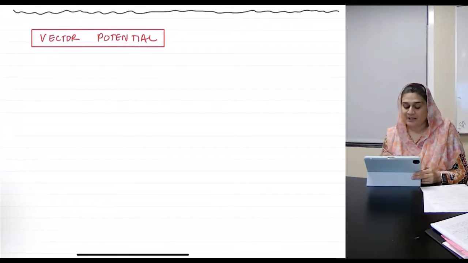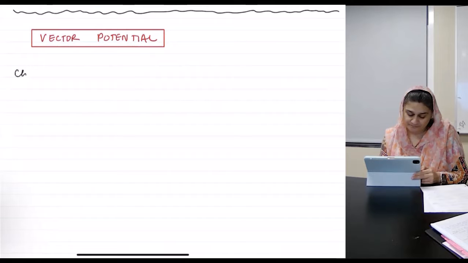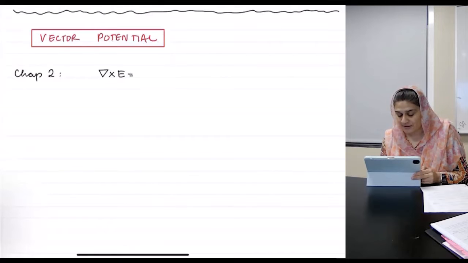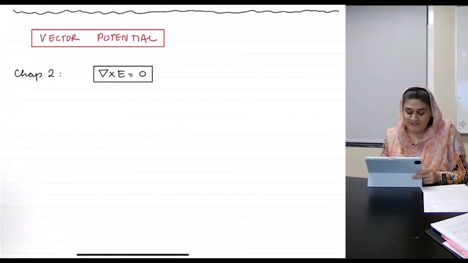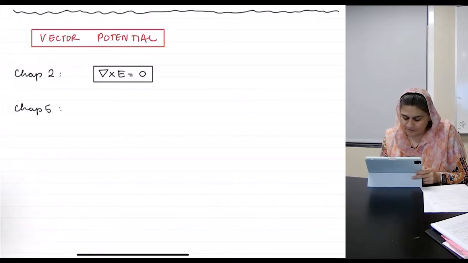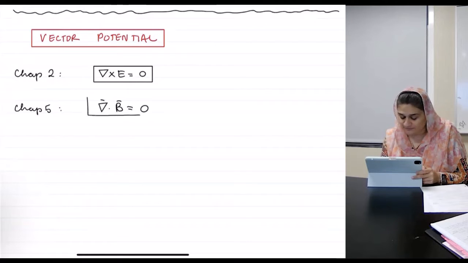Okay, chapter 2. We got curl of E equals 0. Do you remember that? In this chapter, divergence of B equals 0.